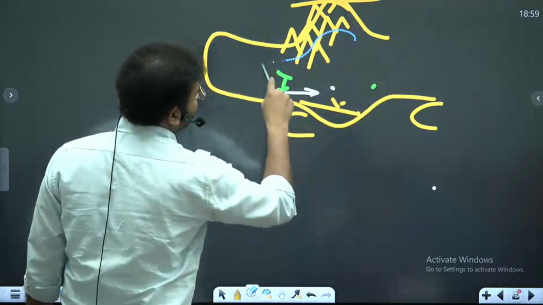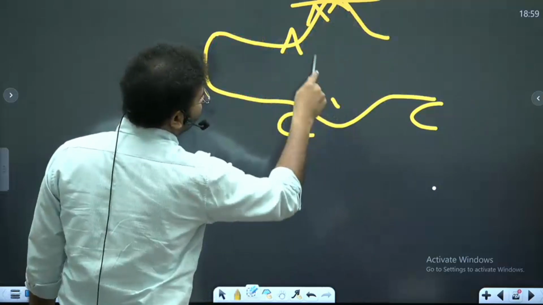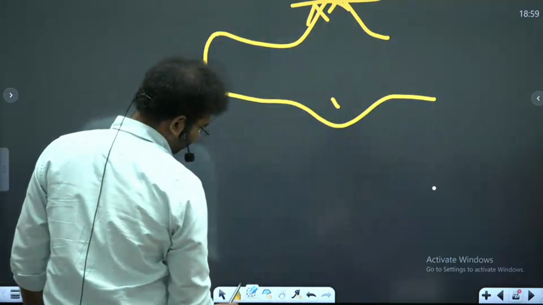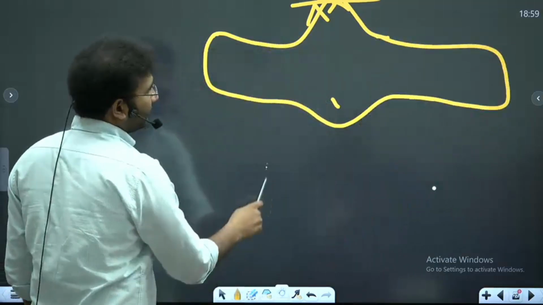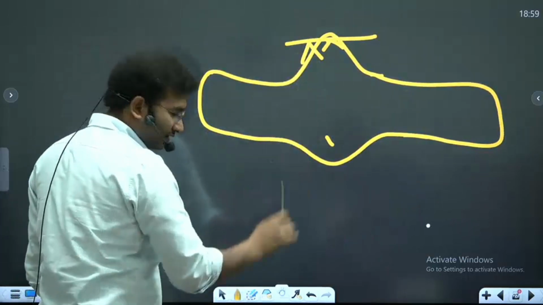Yes? That means this is the shape of the lithosphere.